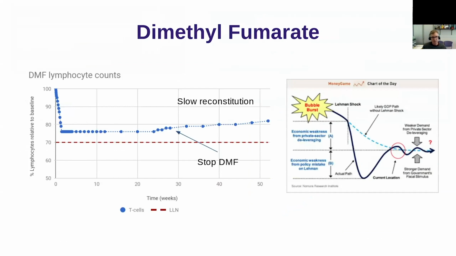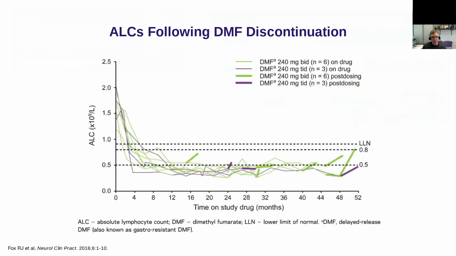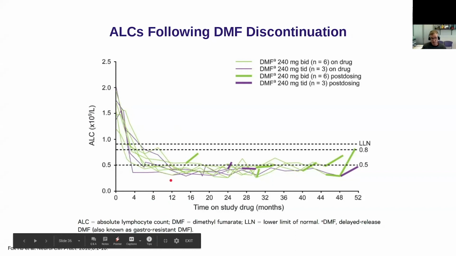Dimethyl fumarate, we don't really know why the lymphopenia occurs, but lymphocyte counts drop by about 30% in all patients, and in about 15% of patients that drop is below 800 and about 5 to 6% below 500. The problem about dimethyl fumarate is you have no predictors about who's going to do it. And obviously in the current environment, you have to monitor the lymphocyte counts early on, and most people, as you can see, drop their lymphocyte counts within the first 12 months.